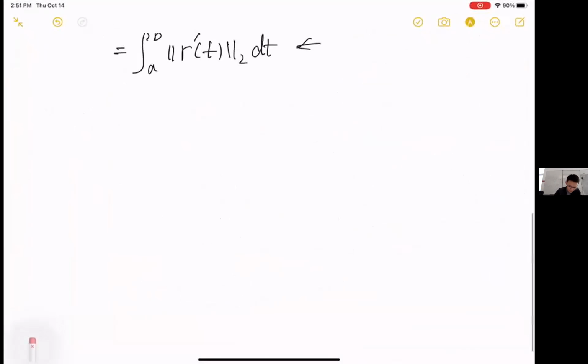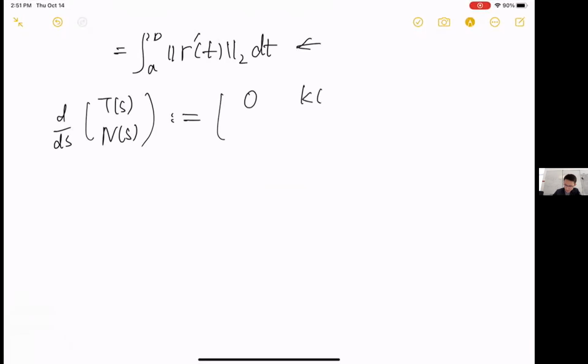So I will first copy down the formula here. We try to understand the derivative of our tangent and the normal. And we are claiming that it can be categorized using the curvature we saw, within this coordinate system defined by T and N. This is what we're saying, and this is called the Frenet frame.